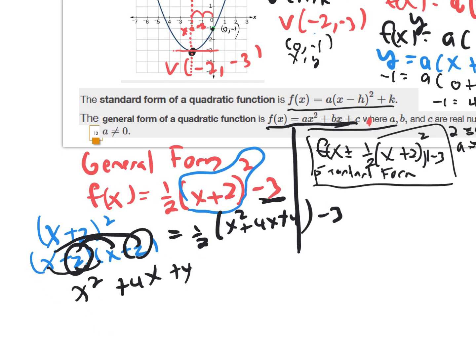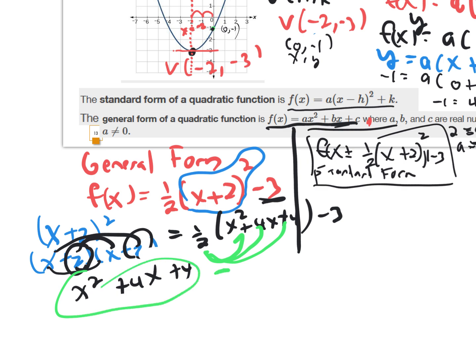Now we have to get rid of that 1/2, and not get rid of it. We're just going to share it, because sharing is caring. So we will distribute that 1/2. Oh, not to the minus 3 though. Only what's in the parentheses, only what was here. And I lost my color again. Only what's in here.